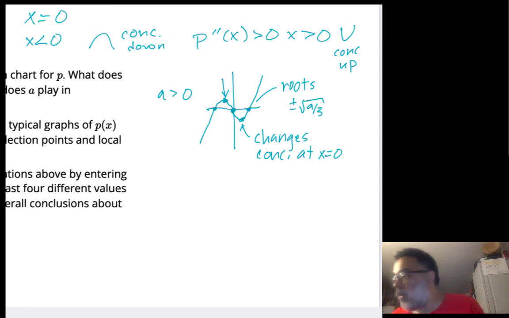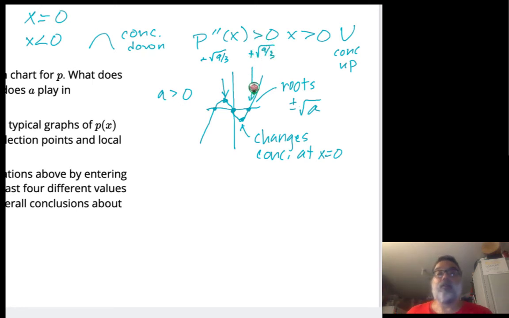All right, so the roots were at plus or minus square root of a. And that makes sense then, plus or minus square root of a thirds, all under the square root, are going to be the critical points. Okay.